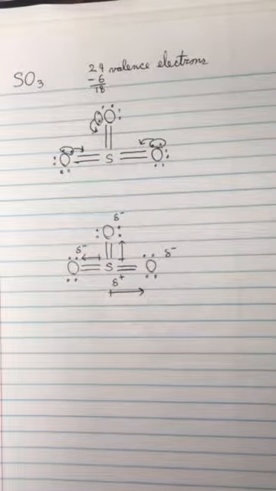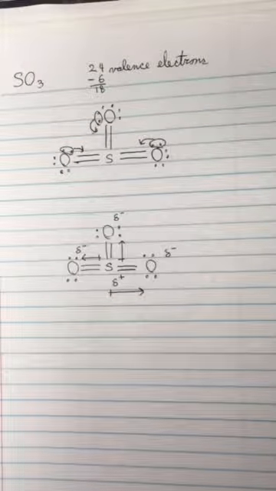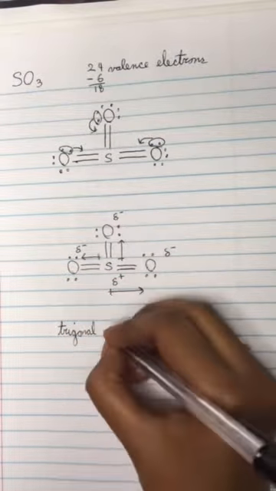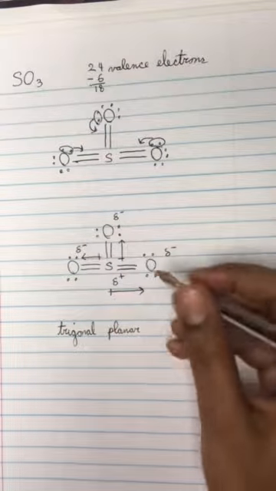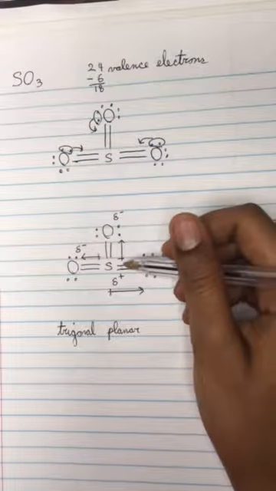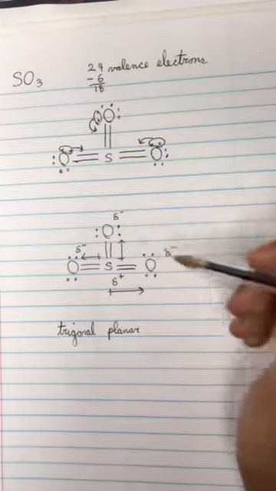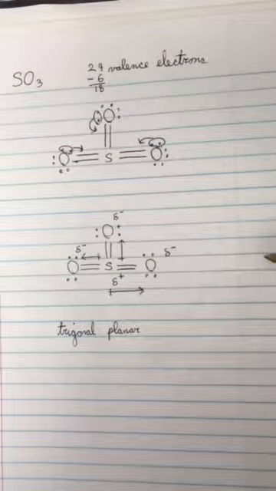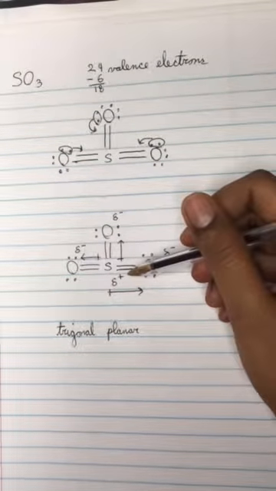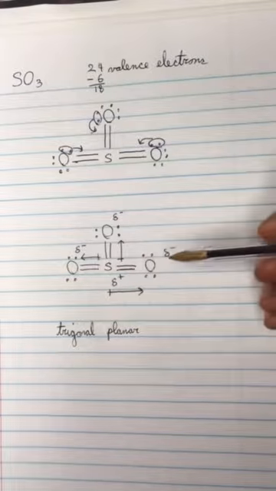But in order to find out the net molecular dipole, we must first know the molecular geometry of this molecule. The molecular geometry for this molecule is trigonal planar because the sulfur atom makes double bonds with each oxygen atom, which means that this molecule has a domain electron geometry of trigonal planar because the central sulfur atom has no unpaired electrons.